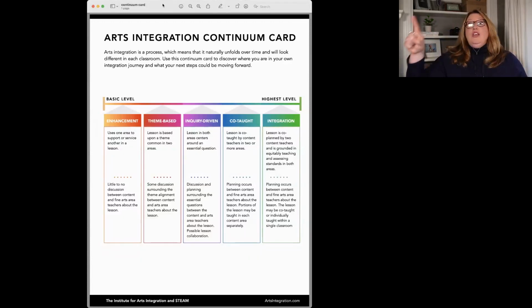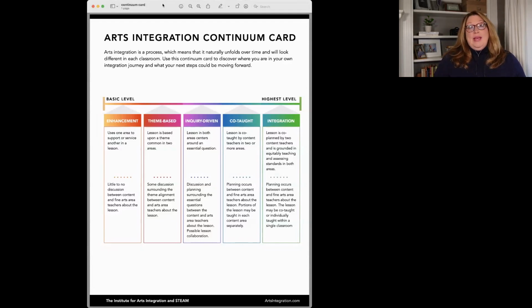It's a huge jump. And if someone on your team is starting in arts enhancement, or if you are, and then somebody else says, let's go all the way to arts integration, and you have no stepping stones between them, it's going to feel really overwhelming. It's going to feel like a stretch. It's going to feel frustrating because you don't have the background knowledge to help and scaffold that information.